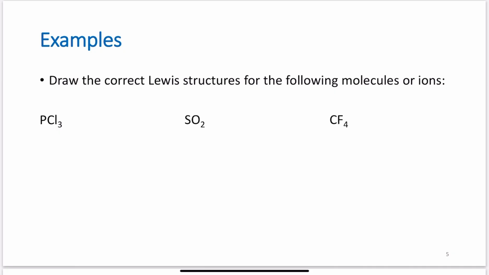PCl3, SO2, and CF4. If I look at PCl3, when I look at the periodic table, I see that phosphorus has 5 valence electrons. So I've got phosphorus and 5 valence electrons. I see I have 3 chlorines here, and every chlorine has 7 valence electrons.